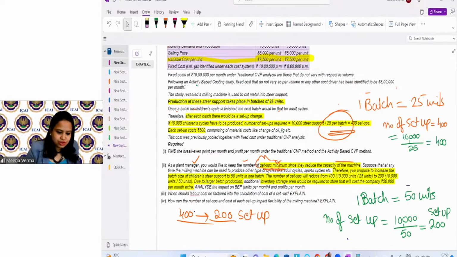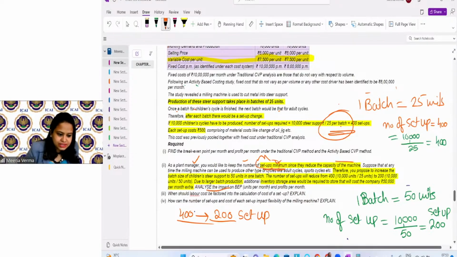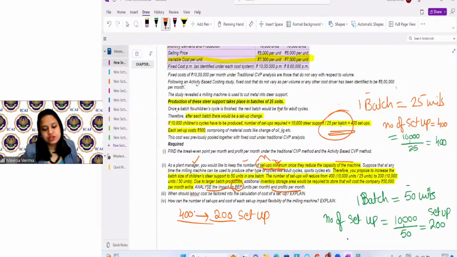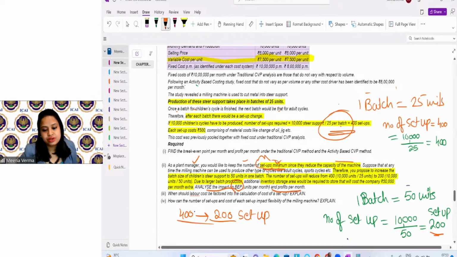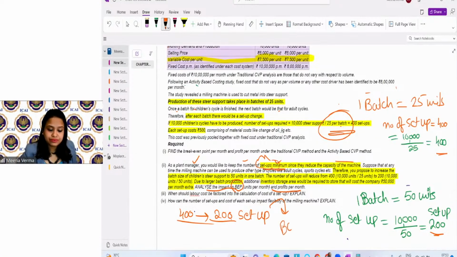What is the question? The question is: analyze the impact on break-even point and profit per month. So the question is that if we reduce the number of setups, what will be the break-even point and what will be the profit? Can you do it? I'm waiting.